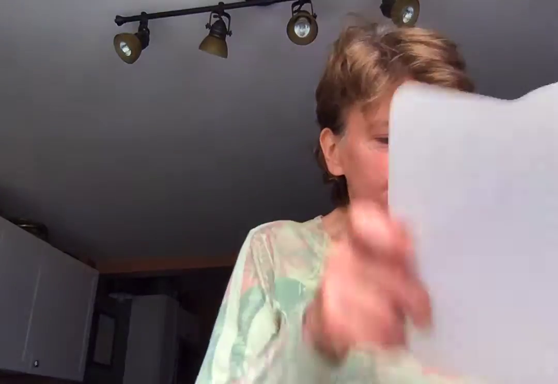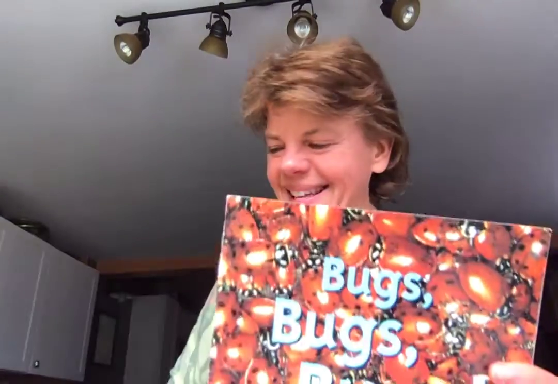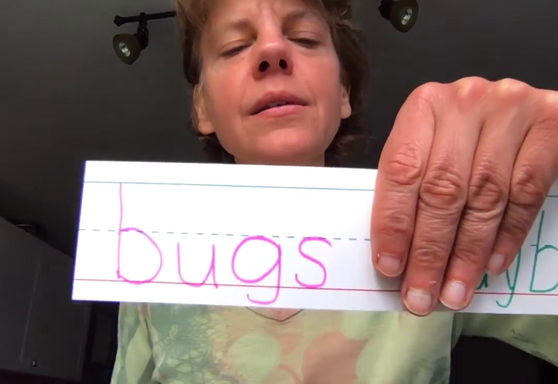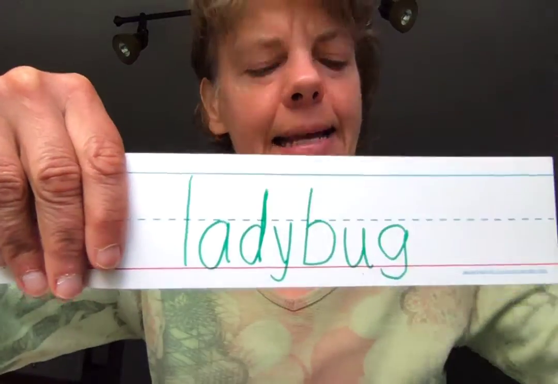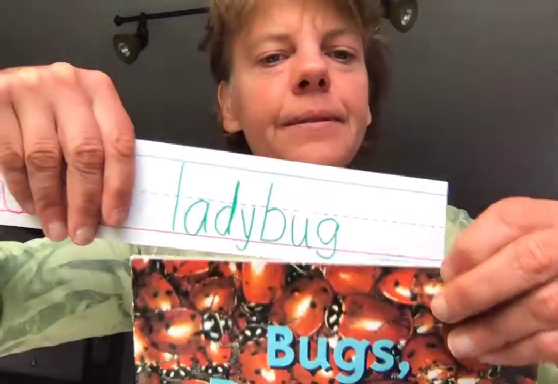Okay, let's review. Remember we talked about bugs the other day? And we had some bugs in our book called Bugs, Bugs, Bugs. We had some words written down. We wrote down the first word, bugs. Then ladybug, that was what was on the cover.